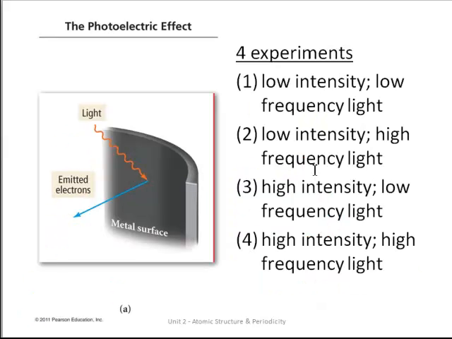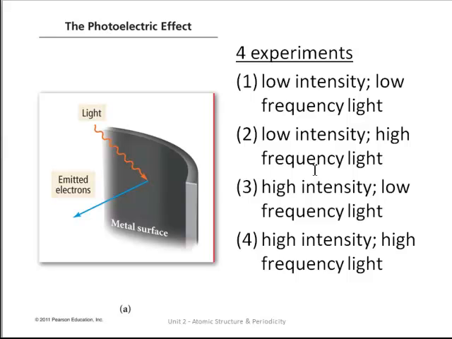Okay, so it turns out that at the turn of the 20th century, this experiment was being studied quite vigorously by a lot of scientists, and what they were looking for is they wanted to figure out why light was emitting these electrons when it struck the surface, and more importantly, what aspects of light cause this emission of electrons.